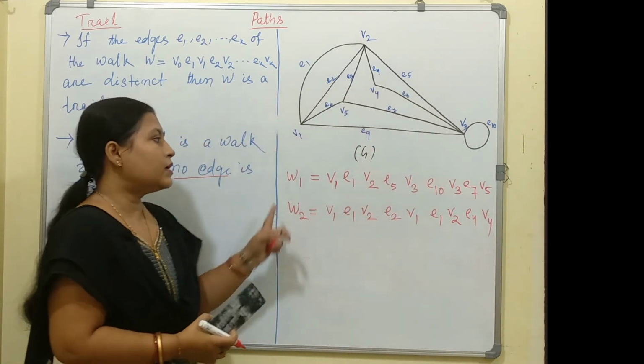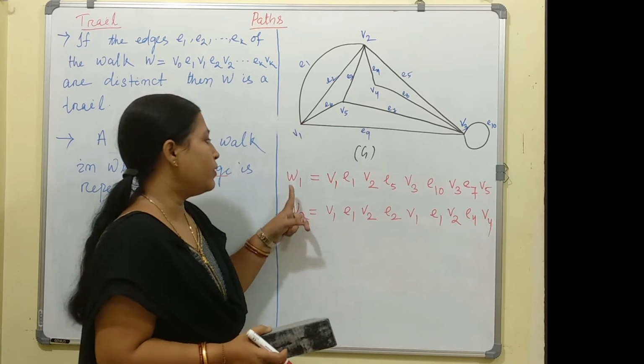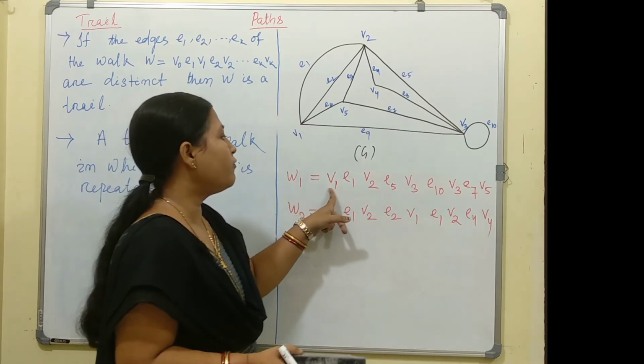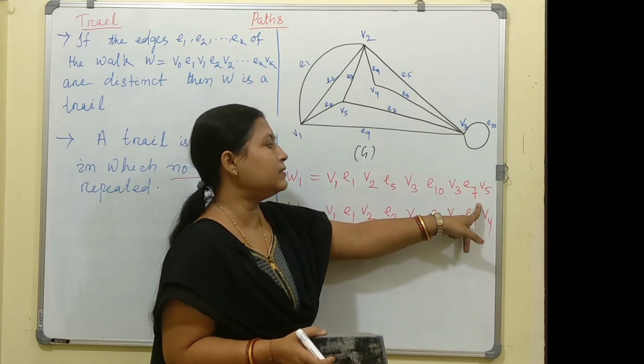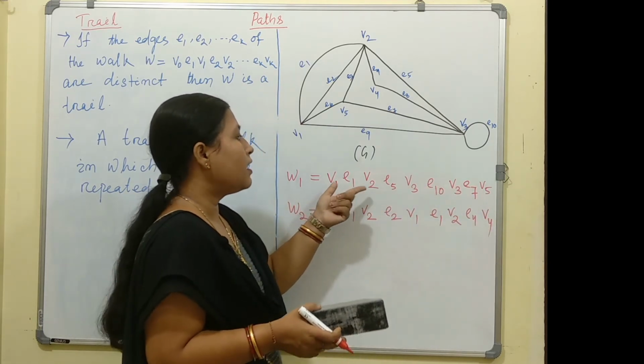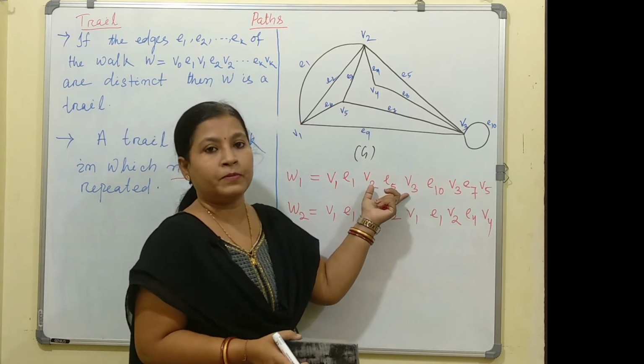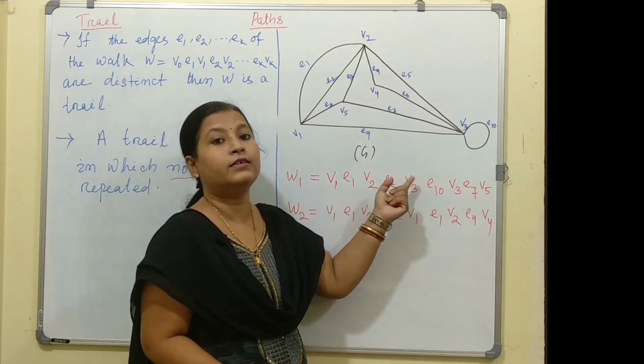So these are two walks. In the W1 walk, V1, E1, V2, E5, V3, E10, V3, E7, V5, see, no edges are repeated. All the edges are different.